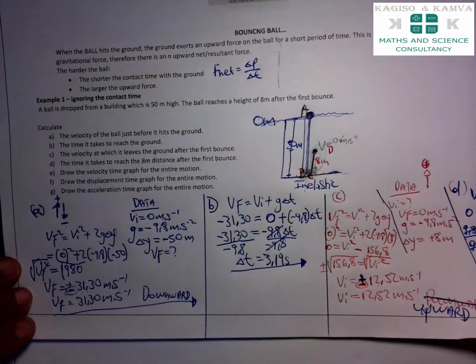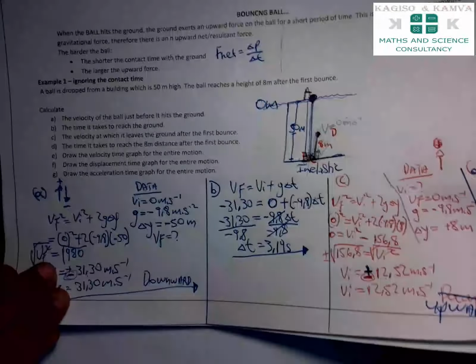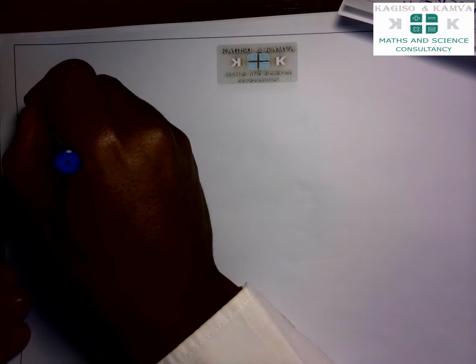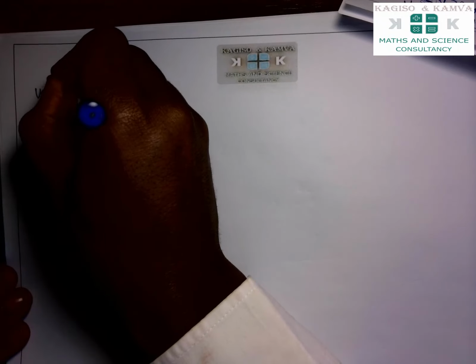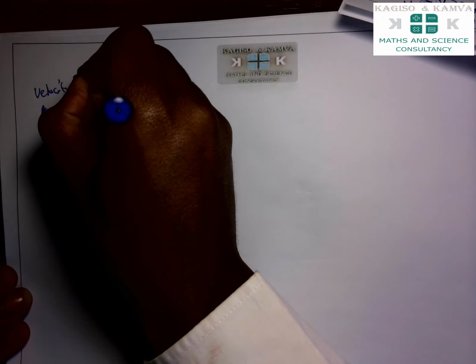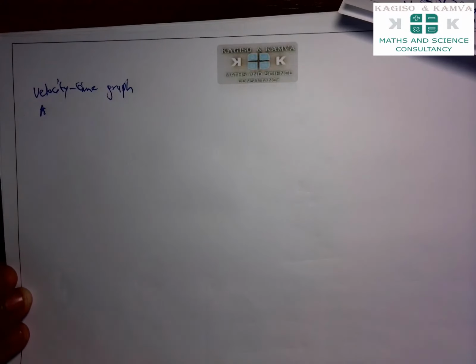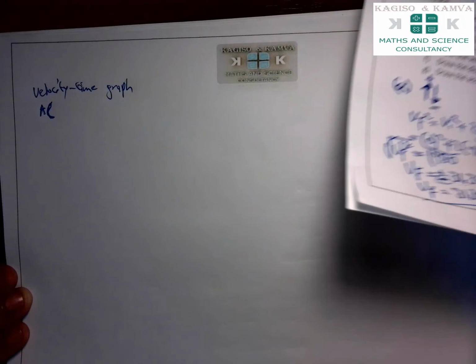Now let us come to drawing our graphs. Now at A, for the velocity time graph, what is the time at A when the ball was dropped?